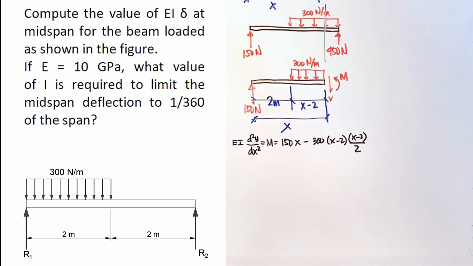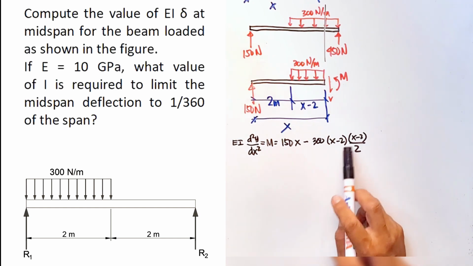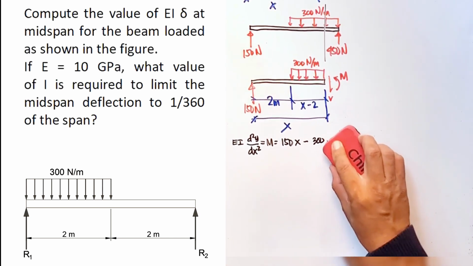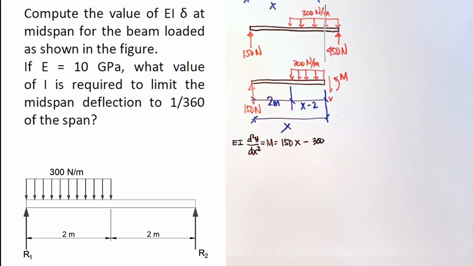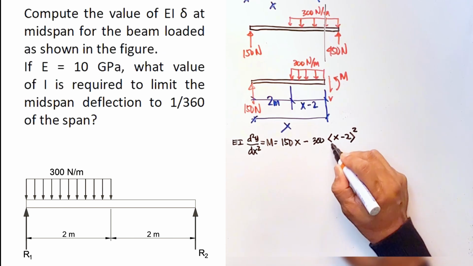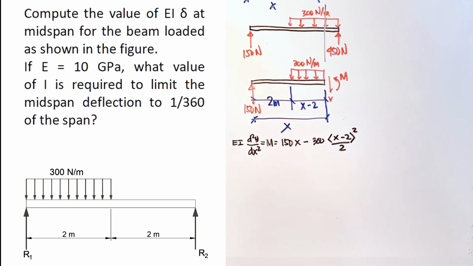And there's another notation for doing double integration method. This parenthesis here will be replaced by pointed brackets or the Macaulay brackets. x minus 2, this now becomes square over 2.